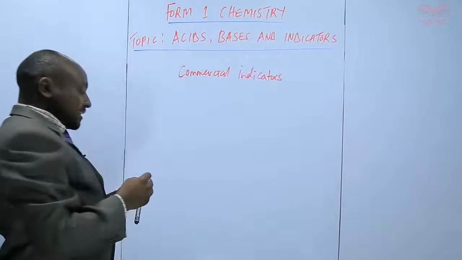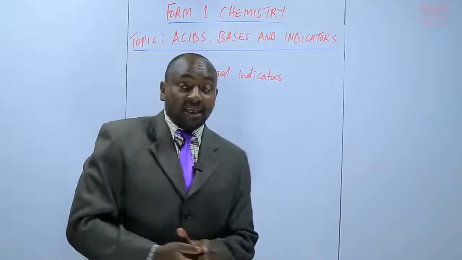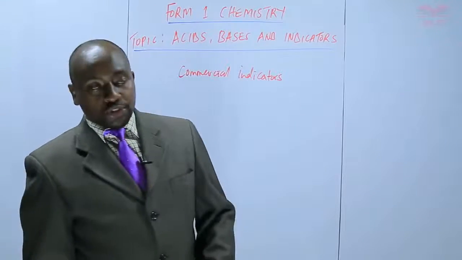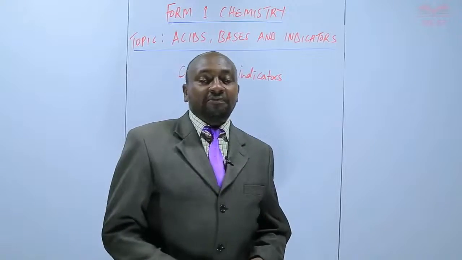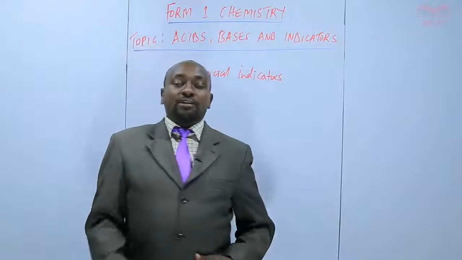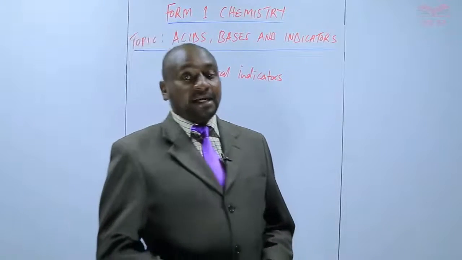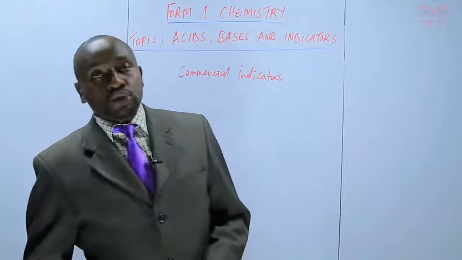So commercial indicators give consistent results. They can be stored for a long time for future use and so on. And we'll have various examples. We have, for example, an indicator called litmus. Litmus can either be in the form of a solution called litmus solution.